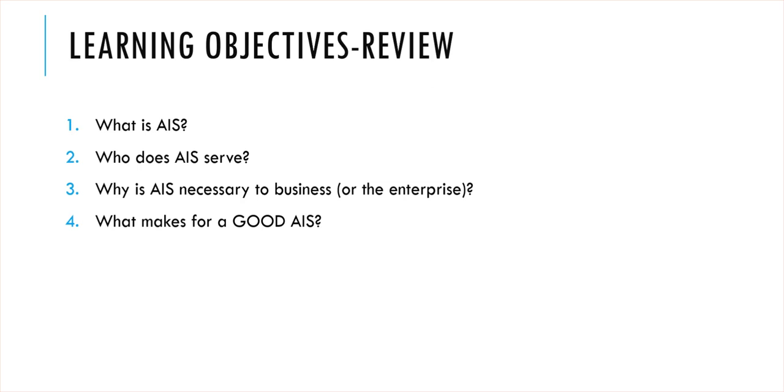So if anyone tells you that your job as an accountant is just a minor part of the business, you have to take on a new perspective. You have to realize how essential you are. The accountant is essential. If you don't have this AIS, you really can't have the enterprise.